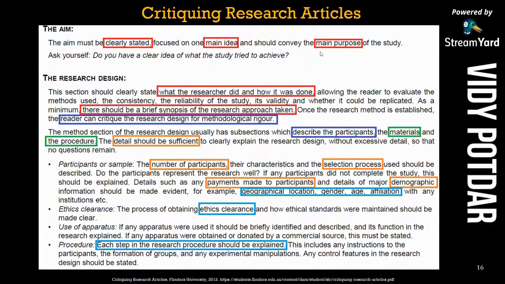If it is not mentioned, it is easy for you to state in your review or in your criticism that we reviewed this article, however, we could not find how many participants were selected in the process or what was their selection process. And this is very important for this particular study because of some reasons, and so on.